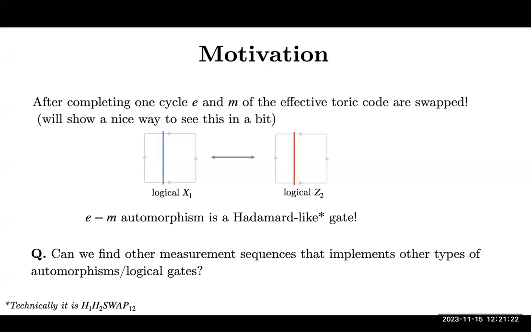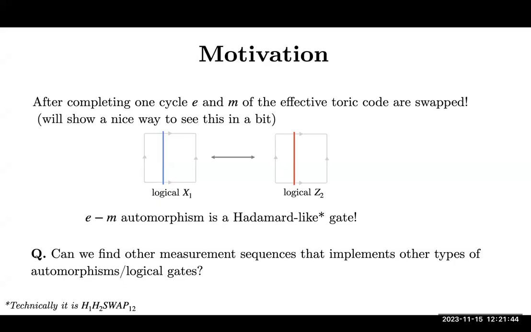But it turns out that if you follow one of these logical operators, like a string operator E, and you follow it throughout the cycle, E turns into M. So there's some sort of automorphism that is swapping E and M throughout this measurement dynamics, which is very interesting.